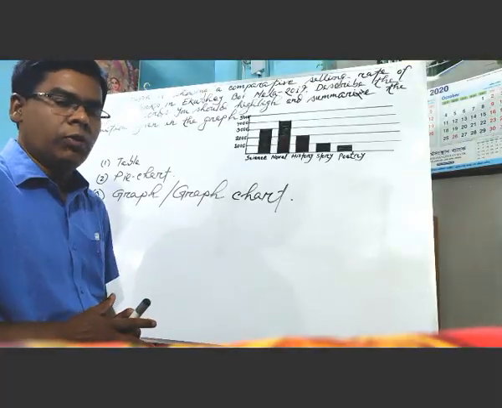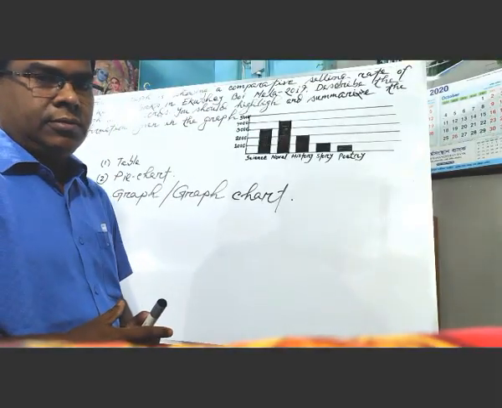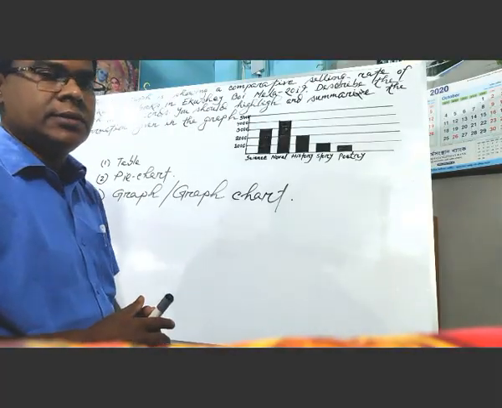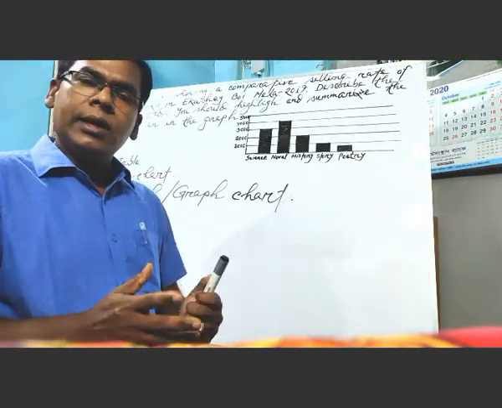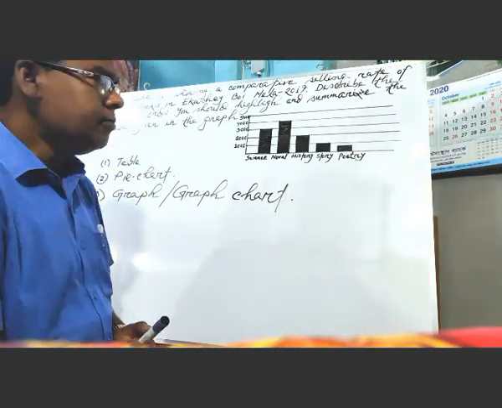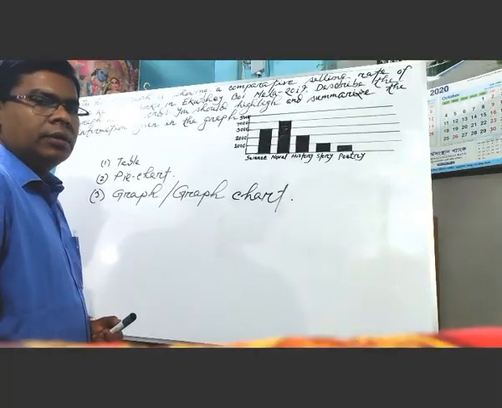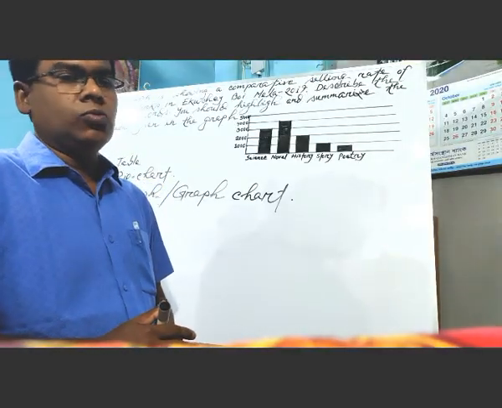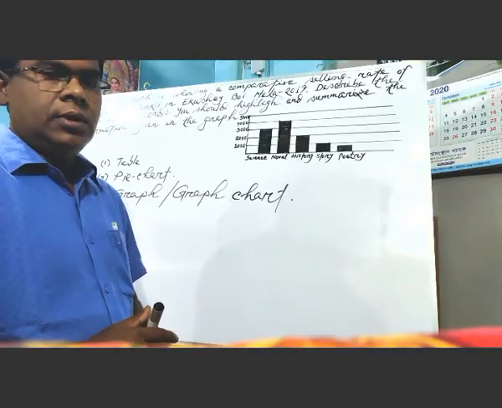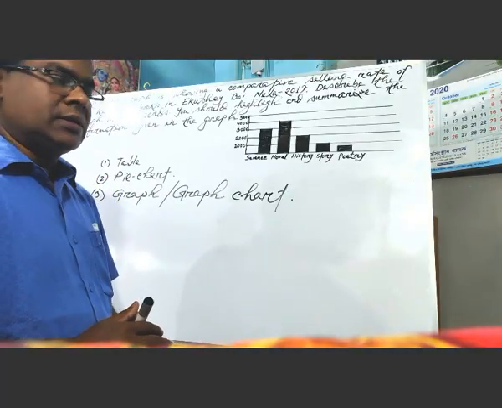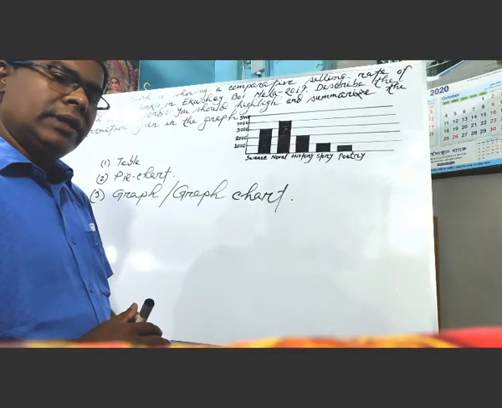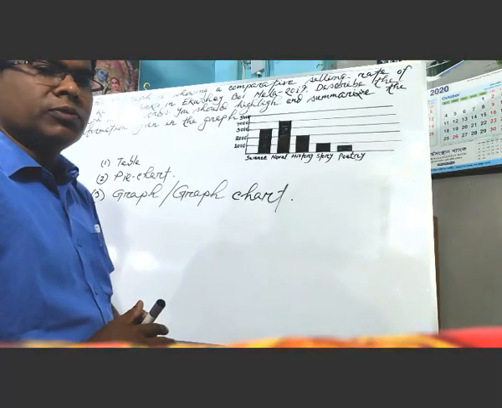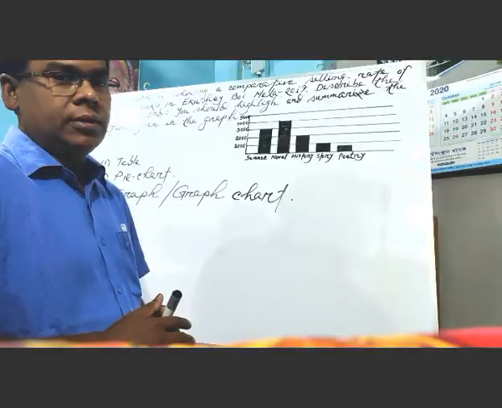and always try to avoid elaborate description. Understand? And another item that is very much important for writing a graph chart is that you will never use tough and complicated words here, because if you use complicated words, we can think that you have not written the chart from your memory or from your understanding.